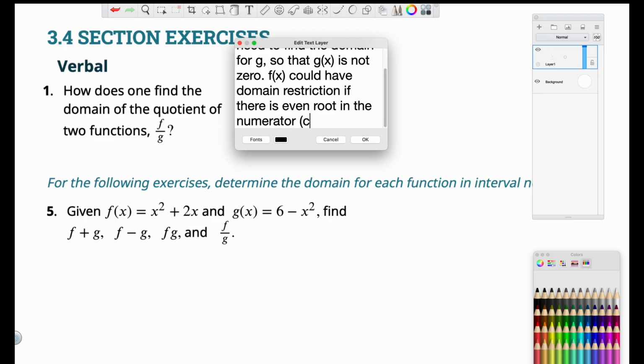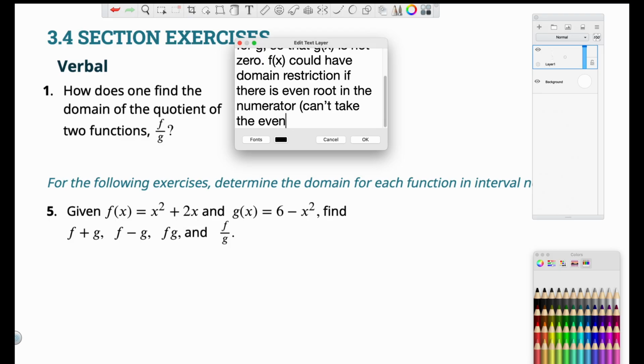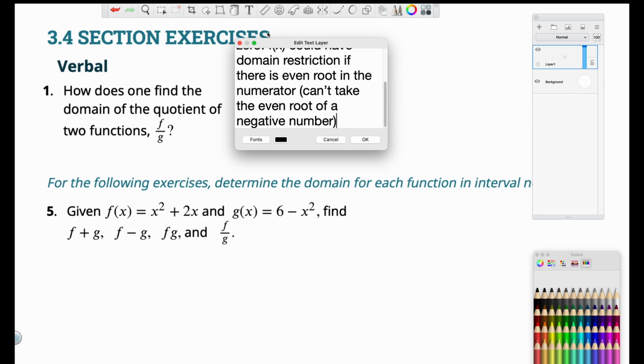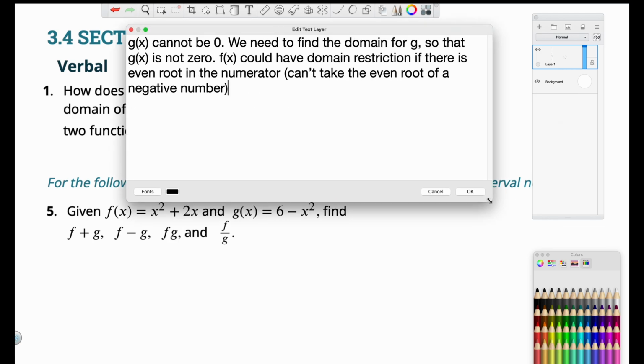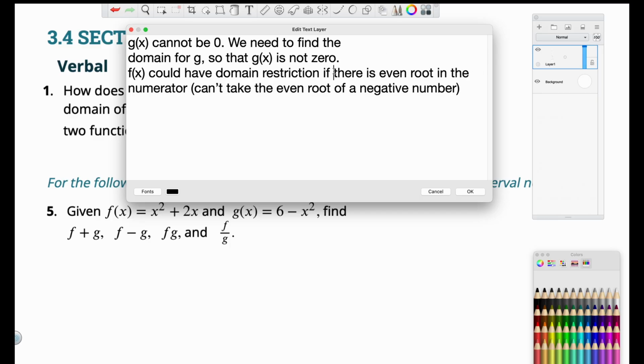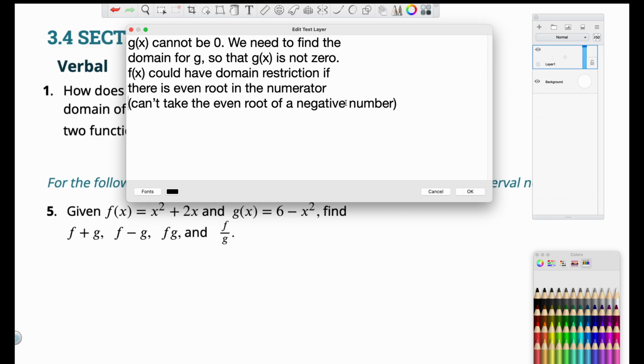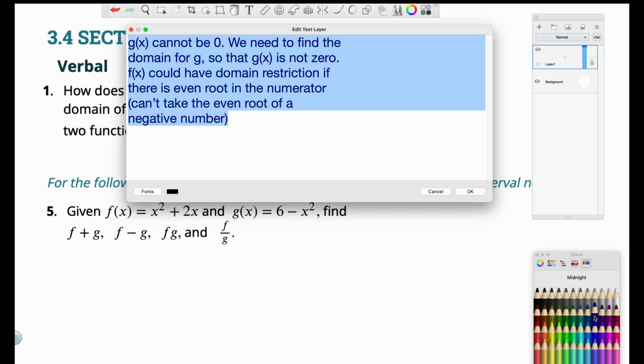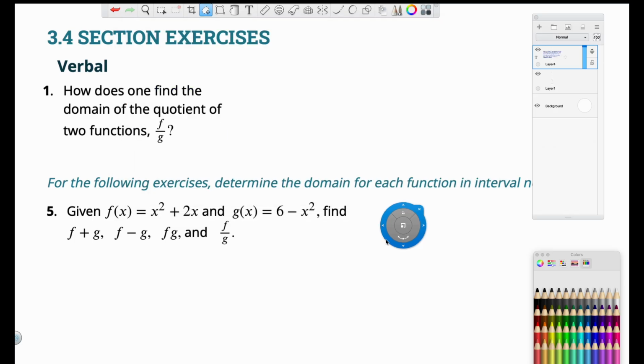We can't take the even root of a negative number. And so by taking those two things into consideration, dividing by 0 or having a radicand that is negative, we can figure out what the domain will be for that function. I'm going to go with that. Looks pretty good. Let's stick it in here. All right, there's our verbal.